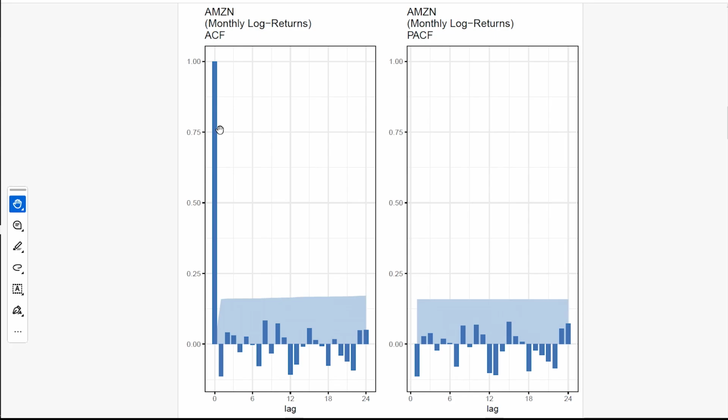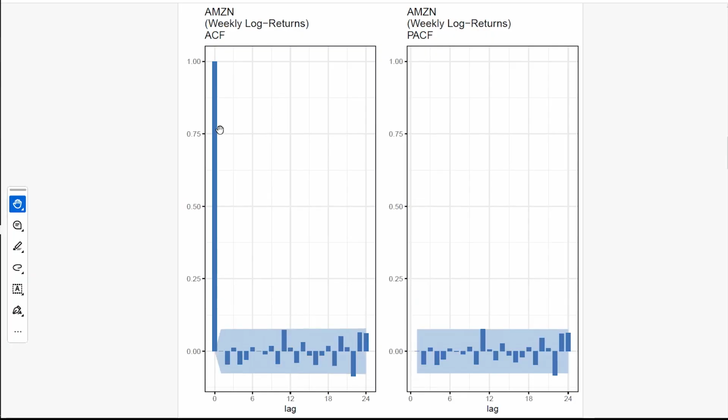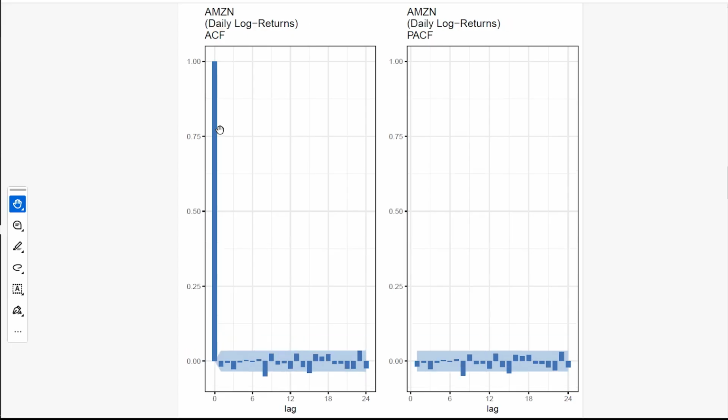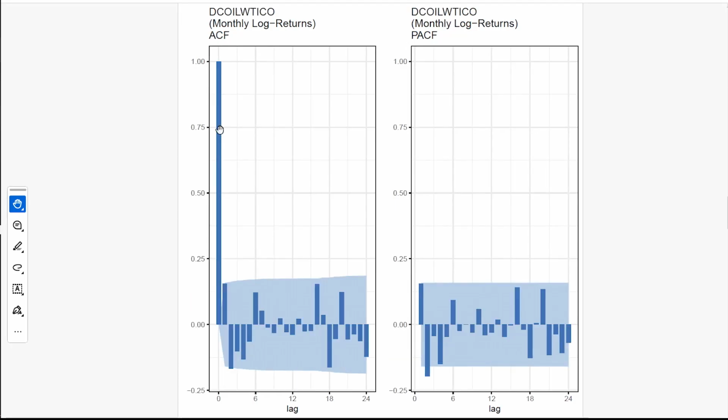I'm not sure why it doesn't have the band on the lower side, but it basically is symmetrical with that blue band where the correlation is consistent with zero autocorrelation. Here's the weekly, here's the daily. So interestingly, Amazon stock doesn't seem to have any significant autocorrelations, regardless of the frequency.